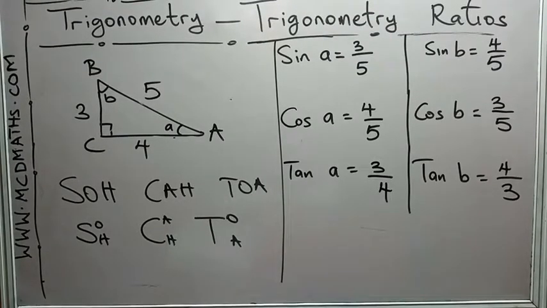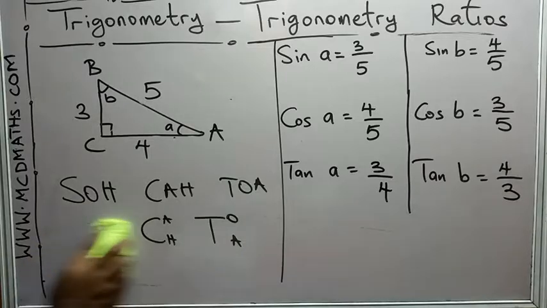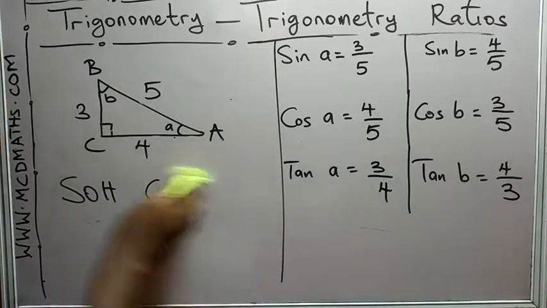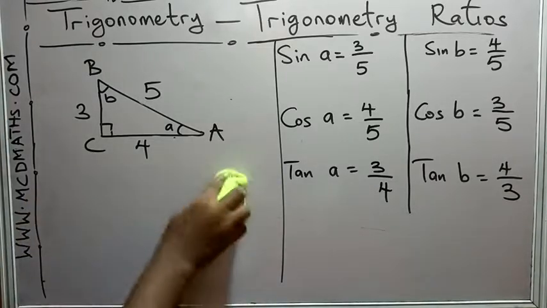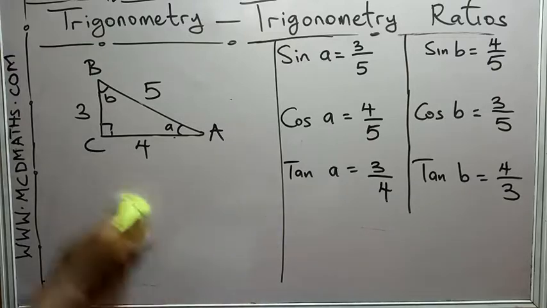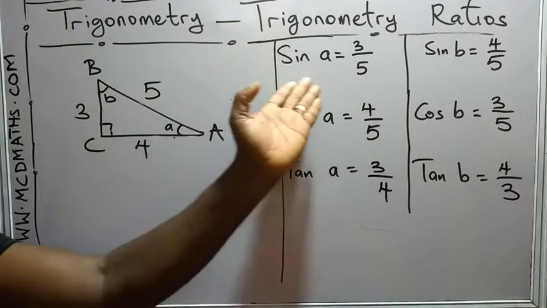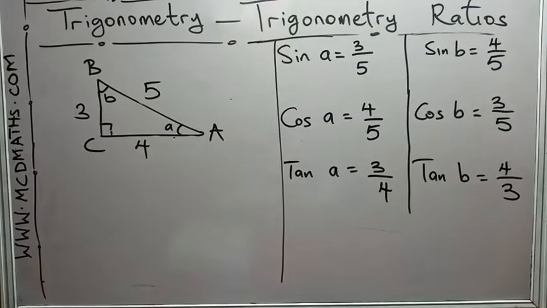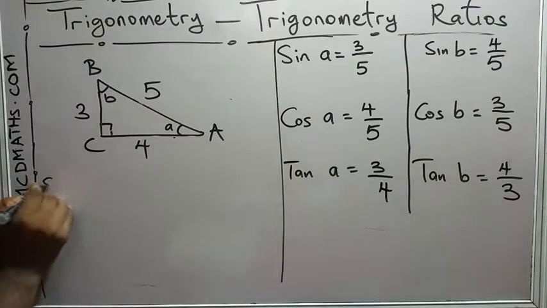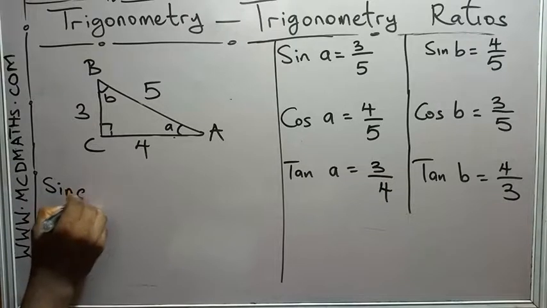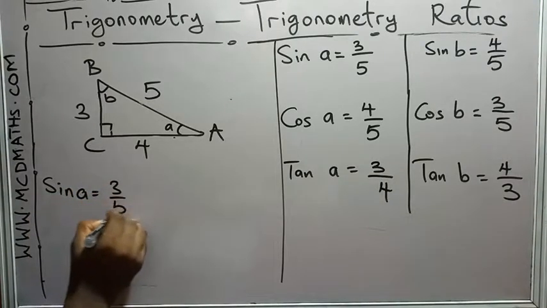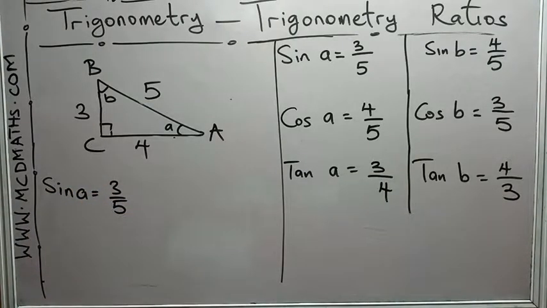sine, cosine, and tangent. Okay, I'm going to take this out, I think we're done with this. Now sine A is 3 over 5. So let's put that here. Sine A equals 3 over 5. The question is, how do we get our A?